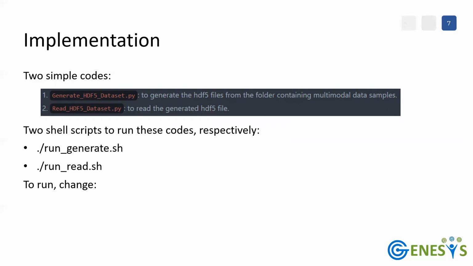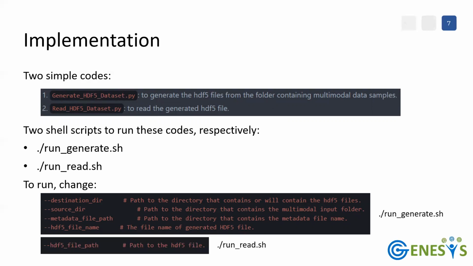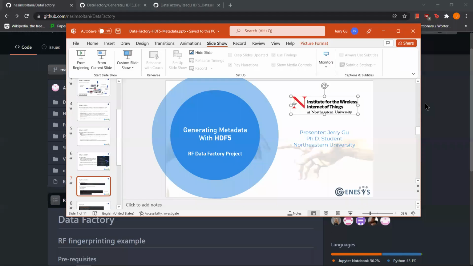And in order to run these two shell scripts, you only need to change a few attributes. In run_generate, the destination directory, the source directory, the file path to the metadata, and the file name of the HDF5 file that you want to create. And in the run_read shell script, you'll need to change the path to the HDF5 file.